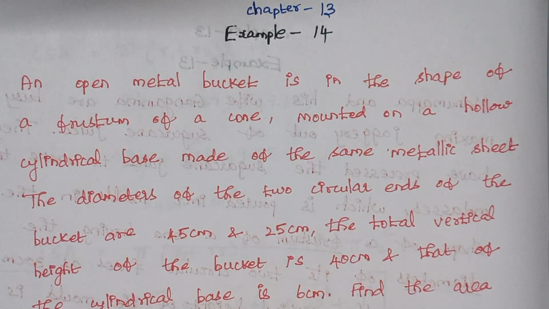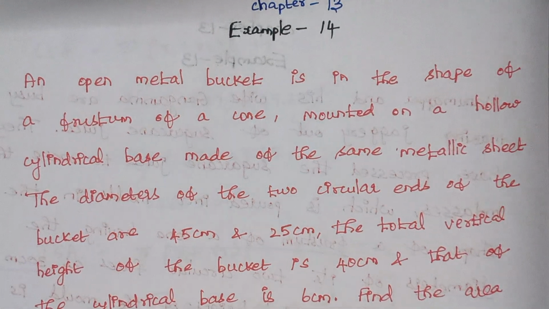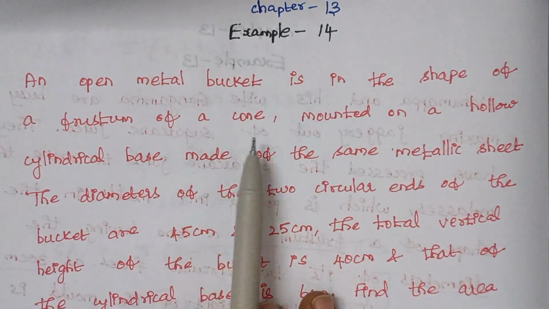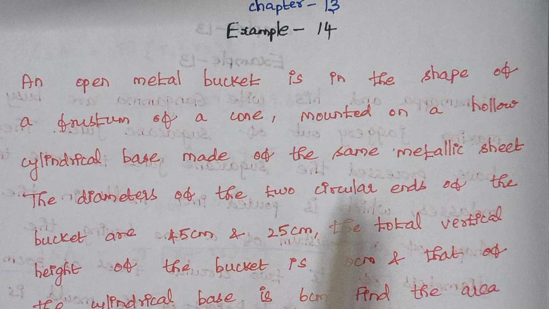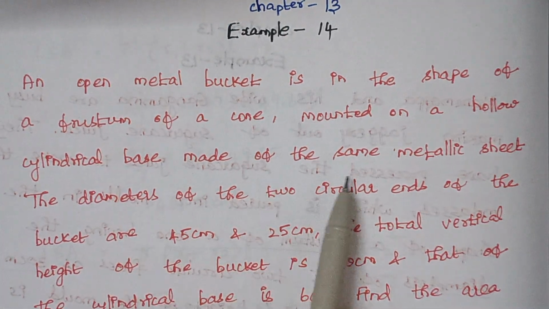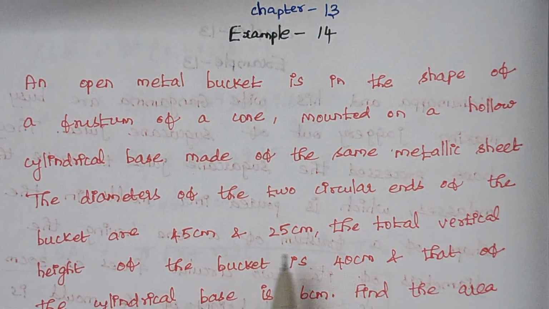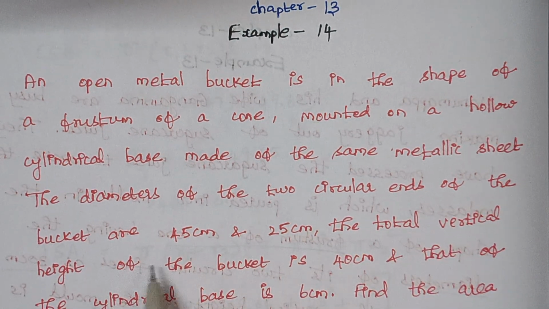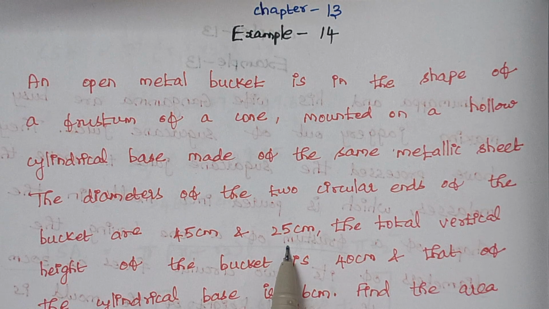Today we are going to solve example 14 in chapter 13. The problem is: an open metal bucket is in the shape of a frustum of a cone mounted on a hollow cylindrical base made of the same metallic sheet. The diameters of the two circular ends of the bucket are 45 cm and 25 cm.